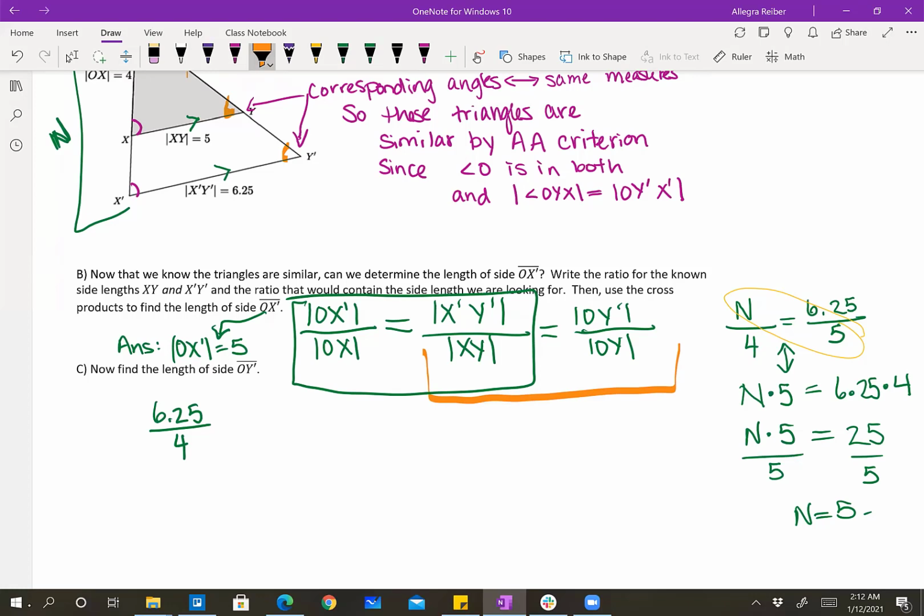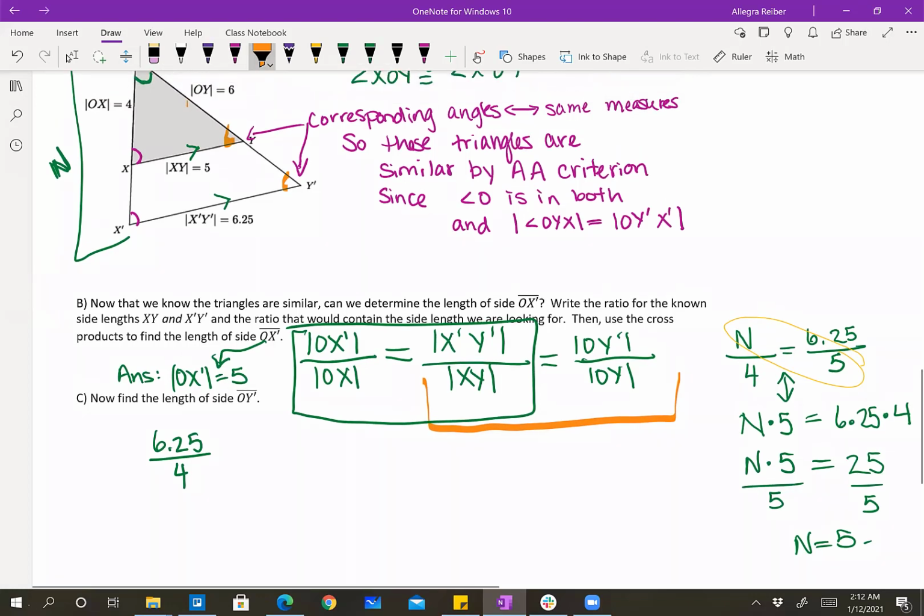And I'm looking for OY prime now. So I am looking for the length of OY prime divided by the length of OY, which is 6. Make up whatever variable you want to hold the place of the length of OY prime and solve that proportion.